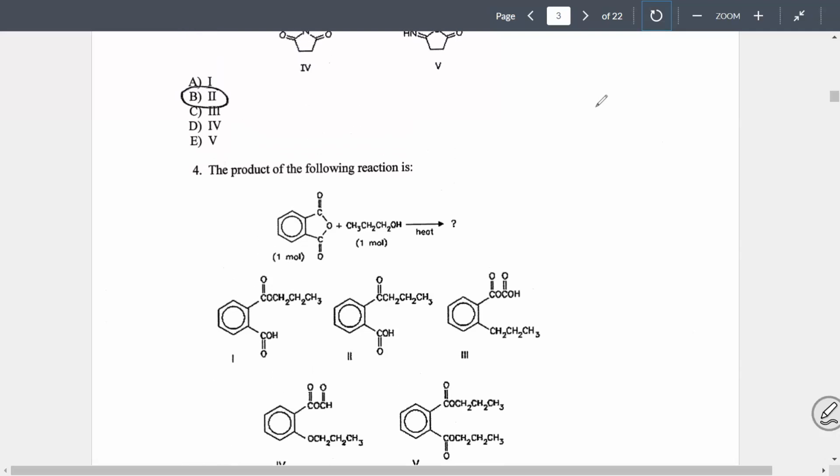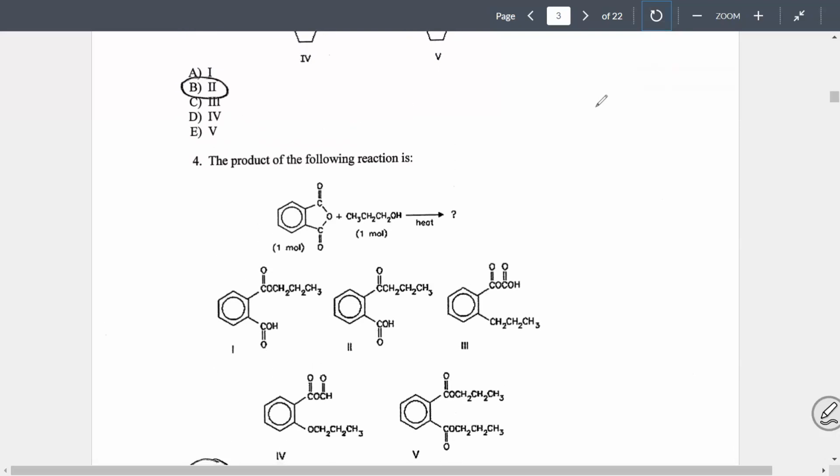Okay, this one. What chapter is that from? This is 16, right? 16 or 17? Why 16? It looks very carbonyl-y.